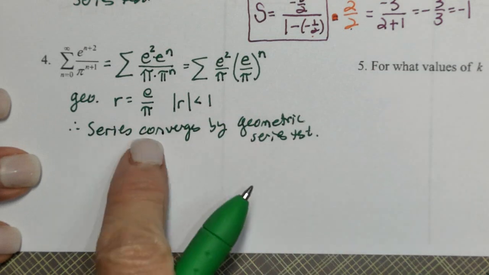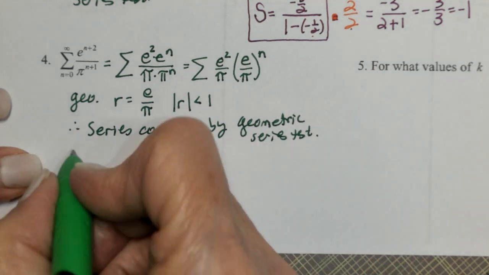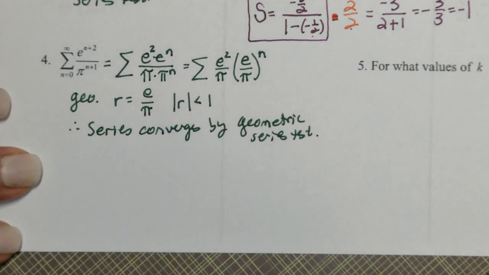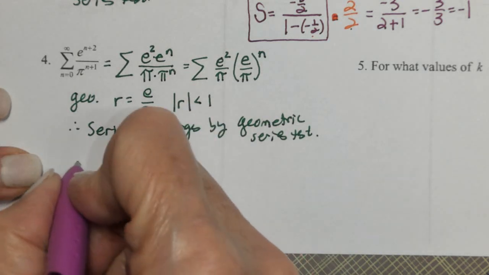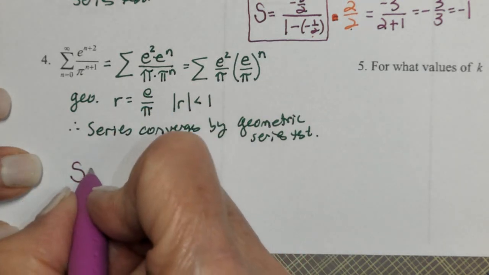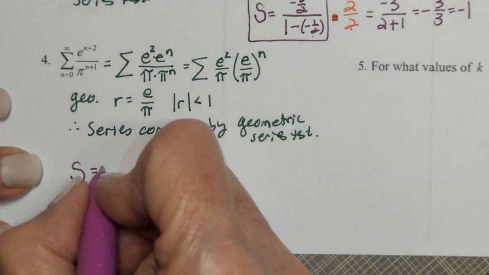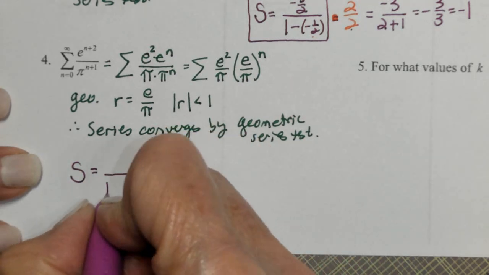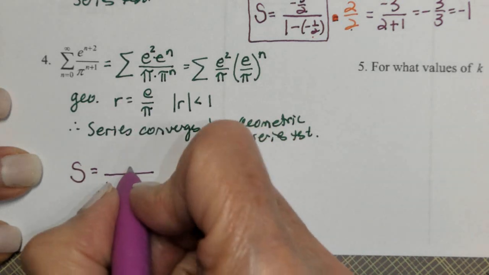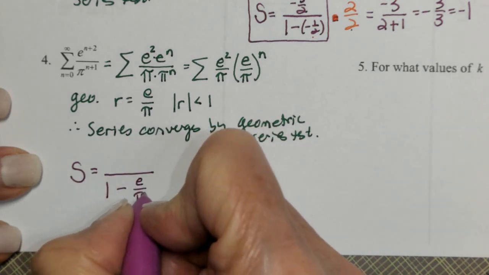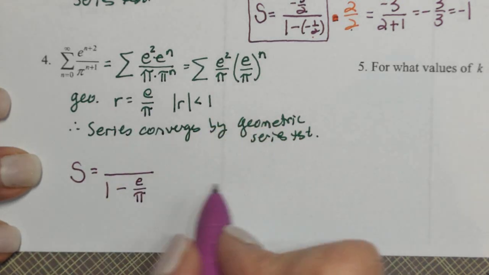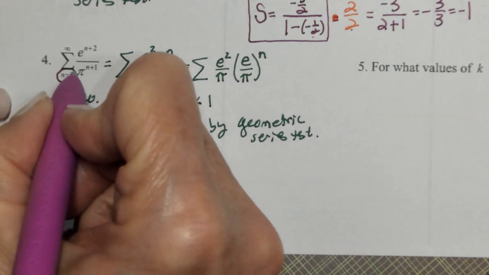Okay, if it converges, we can find the sum. So let's find the sum. All right, the sum is the very first term over 1 minus r. So on the bottom, I know I have 1 minus r, which is e over pi. What is the very first term? Well, the very first term occurs when n is 0.